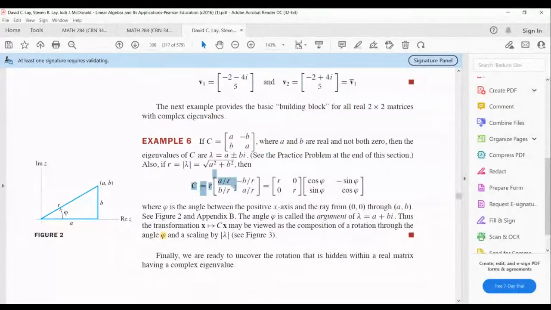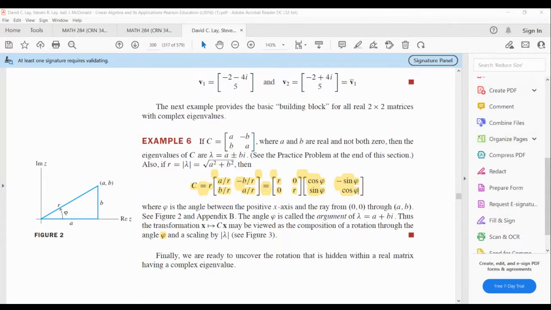Well, you can write that matrix C as the scalar r times that matrix where the entries are a over r, negative b over r, and b over r and a over r. But then you can write that as the diagonal matrix with entries r times that matrix with the trig functions of phi.